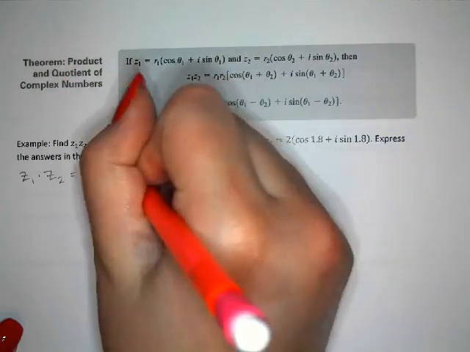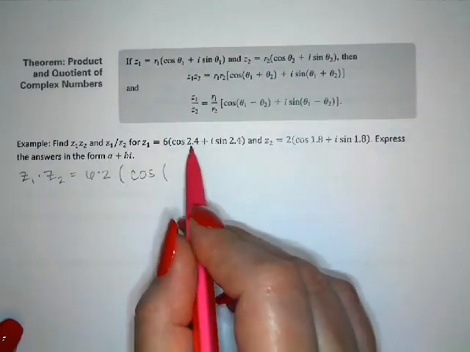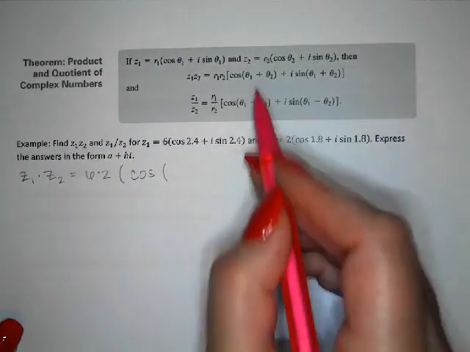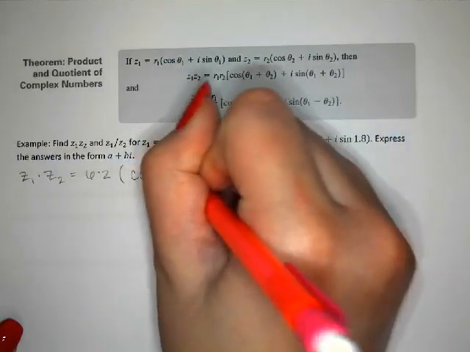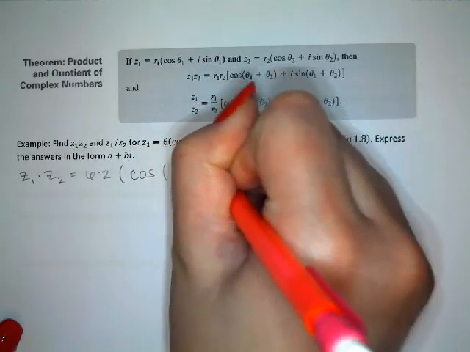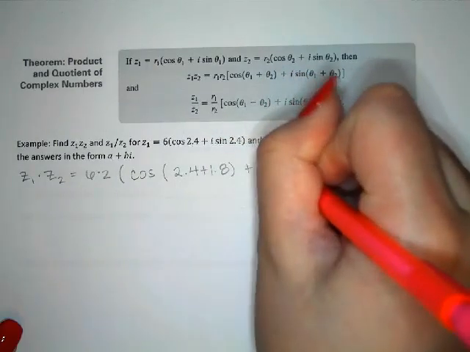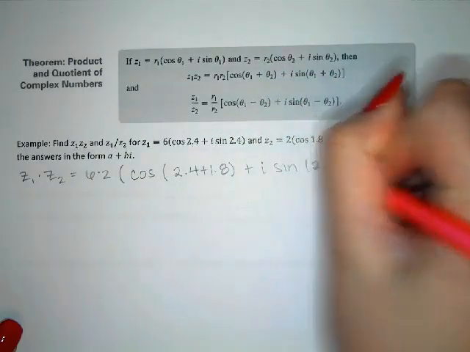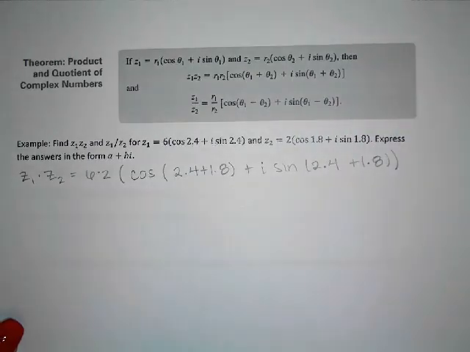So 2.4, 1.8, for multiplying, I add them together. So 2.4 plus 1.8.